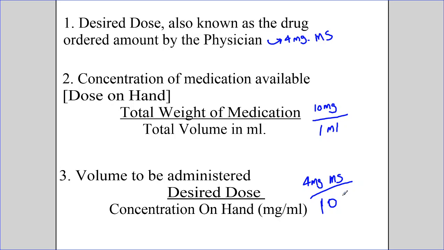Then to figure out the volume you're going to administer, you take your 4 milligrams divided by 10. You get 0.4, so you will administer 0.4 mLs. Bam.